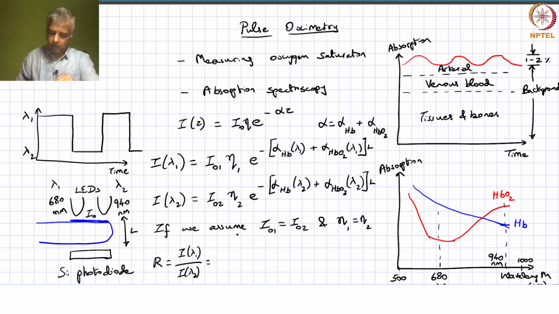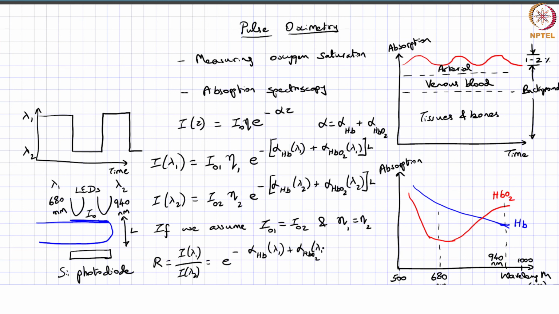So, you have e to the power minus alpha Hb of lambda 1 plus alpha HbO2 at lambda 1, minus alpha Hb at lambda 2, minus alpha HbO2 at lambda 2, whole multiplied by L, right. So you just get that factor, and then you can rearrange those terms.